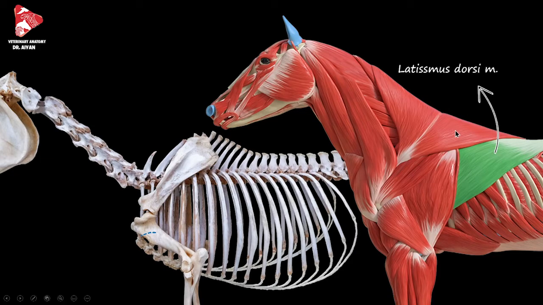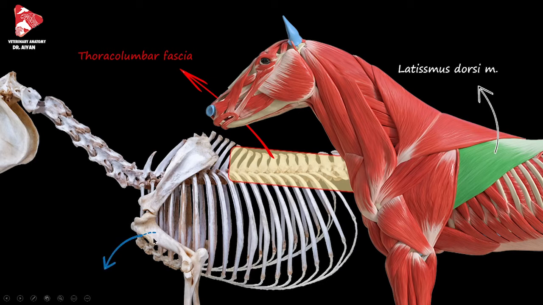This muscle, latissimus dorsi, originates from the thoracolumbar fascia. The thoracolumbar fascia is the connective tissue in the thoracic and lumbar region here, which forms a very strong fascia called the thoracolumbar fascia. This muscle originates from this fascia and inserts to the teres major tuberosity.